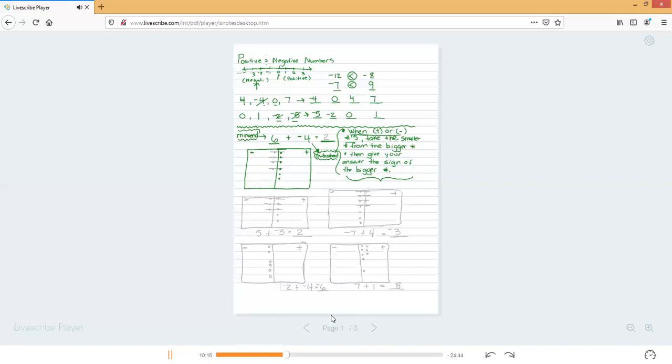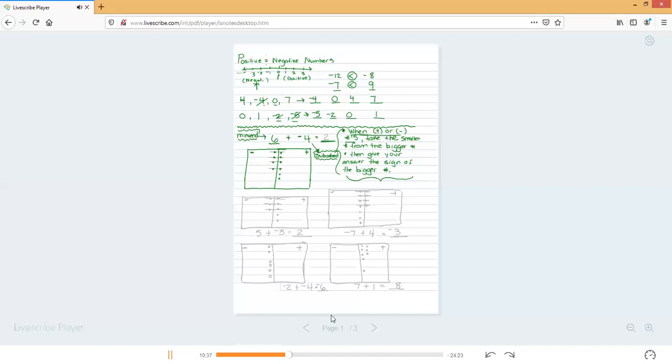Now I have to add negative 4. Negative 4 is the subtrahend. It's the second number. So all I have to do now, the 4 is negative, so I have to put those dots on the negative side. 1, 2, 3, 4, and then I'm going to cross them out.